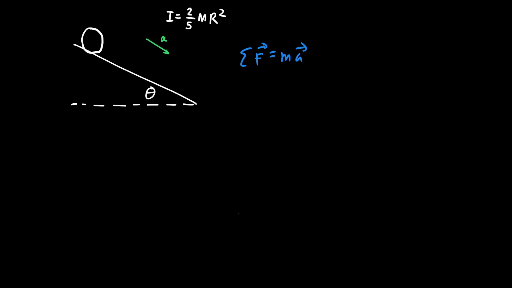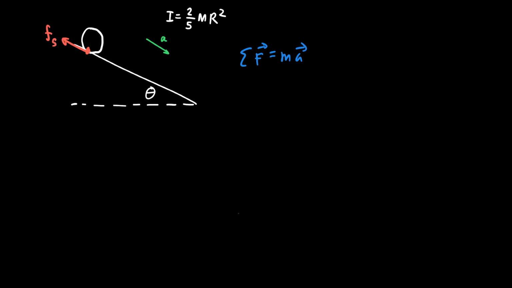When I look at the solid sphere, I know that there are two forces that act on it that are of importance to me. The first one is friction, which points up the inclined plane. In addition to knowing that there's friction that points up the inclined plane, which opposes the acceleration of the object, I also know that it's static friction.